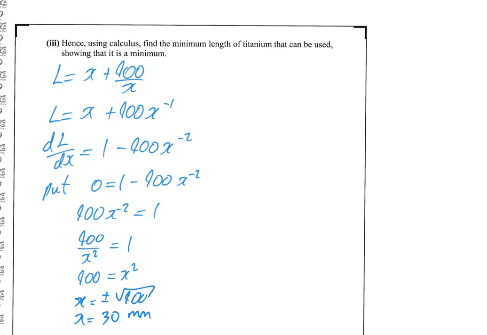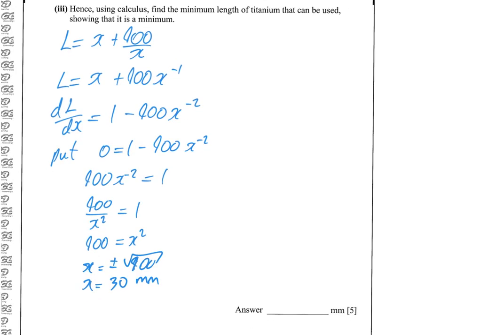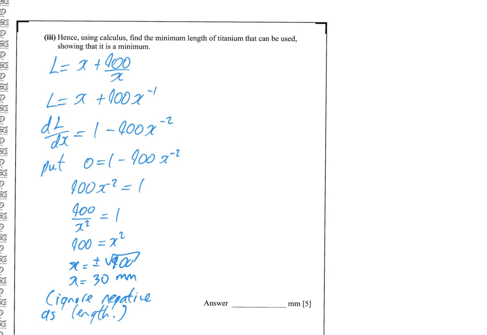It's only going to be the positive one. You'll ignore the negative, so we'll write that in. We'll just say ignore negative, as it is length. So you're not going to have a negative length. Okay, so we've done all of that. It says hence using calculus, find the minimum length. We've only found x, we have to find the rest of it, but we'll prove it's minimum.